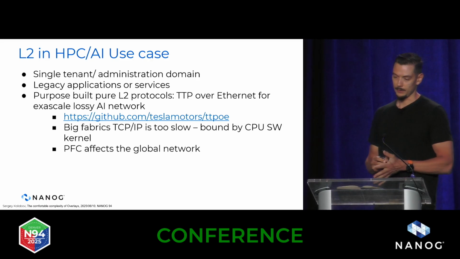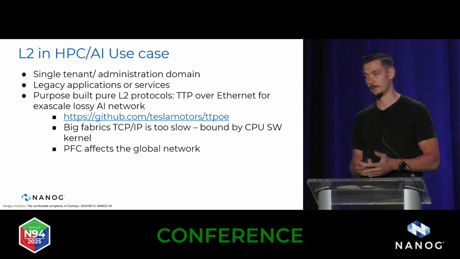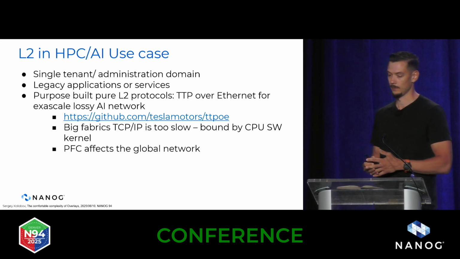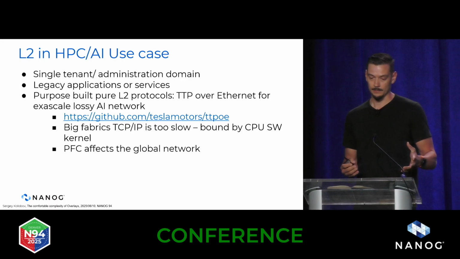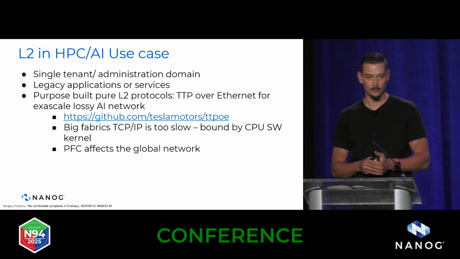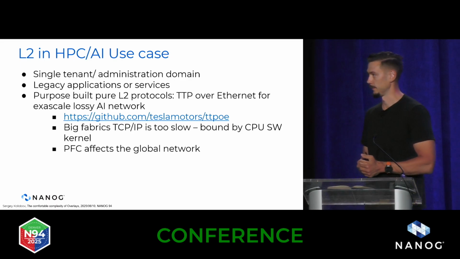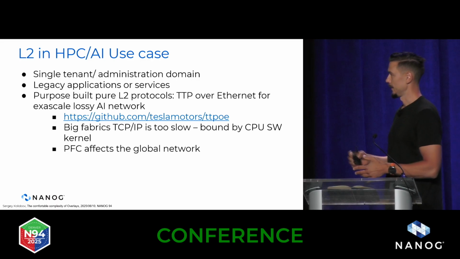Some people would argue that CPU-based software kernel dependency makes TCP/IP too slow, especially on large fabrics with workloads related to AI. So Tesla presented their TTPoE, TTP over Ethernet protocol, last year at the Hot Chips conference and already published the source.